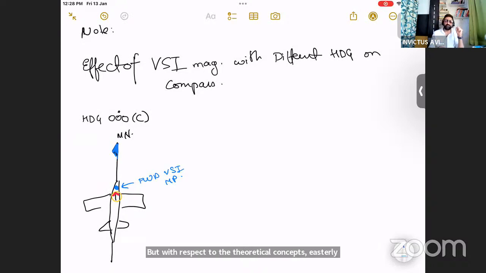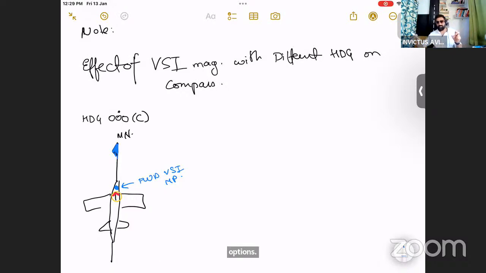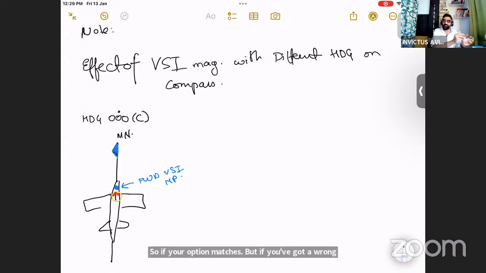That symbolism is different. Be very careful or you will get wrong answers, and the exam questions are like that: the wrong answers you come up with are also given in the options. So if you've got a wrong answer, but it matches one wrong option, you will mark that option as correct because you think, oh, my answer is matching, so it must be correct.